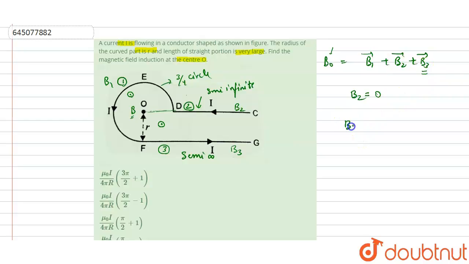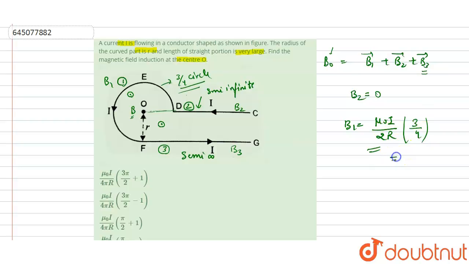So B1 is the 3 by 4th part of a circle, and we know due to a circle the magnetic field at the center is mu naught I divided by 2R. This is the magnetic field due to the whole circle. Now this is the 3 by 4th part of the circle, so the magnetic field will be 3 by 4 into mu naught I divided by 2R.